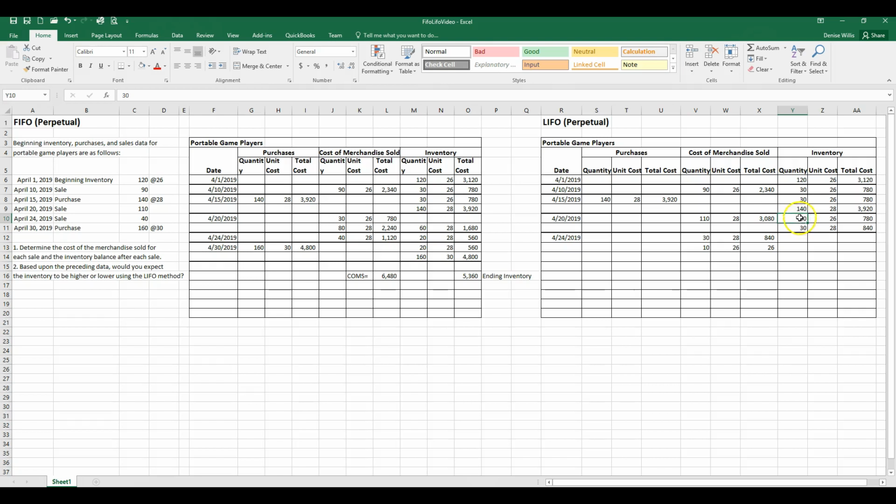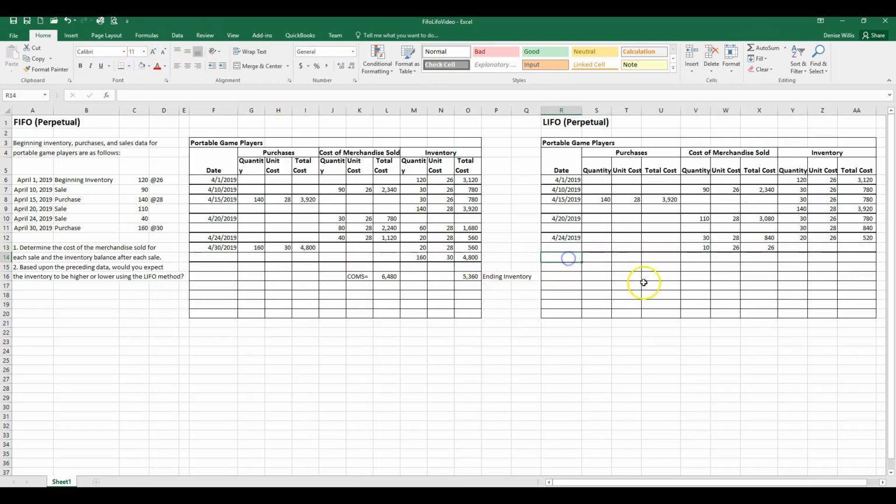Of these 30, we sold 10, but 20 of those remain. So we have 20. Those 20 were at 26. So our ending inventory is now $520, and it's made up of the earlier costs. This is all part of what we actually started out with in our beginning inventory, because under Lifo, we're selling those items that we just purchased, the most recently purchased items first.